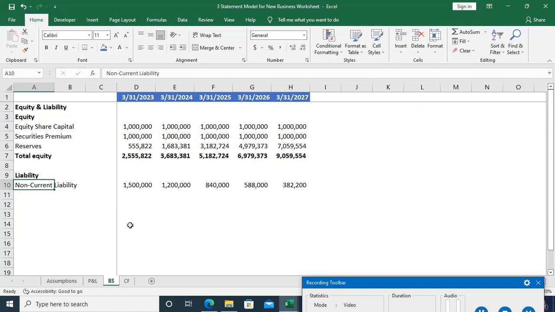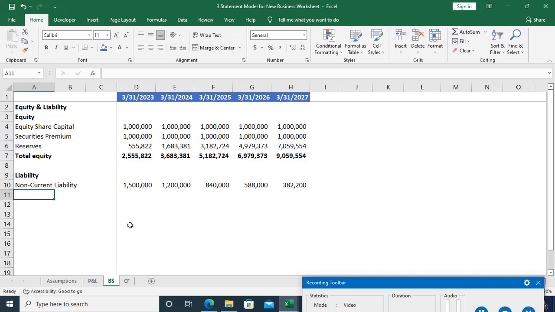So this is the non-current liability part. Now after we are done with the non-current liability, what should I do?